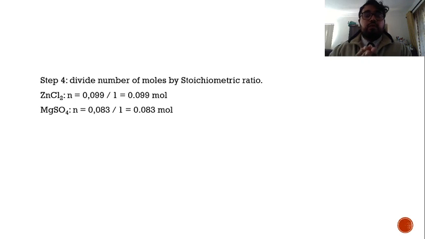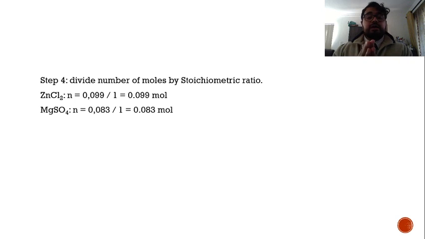Now, all of our magnesium sulfate is going to be used up, and it's going to leave 0.016 mole of zinc chloride, which means that we're going to have zinc chloride left over.